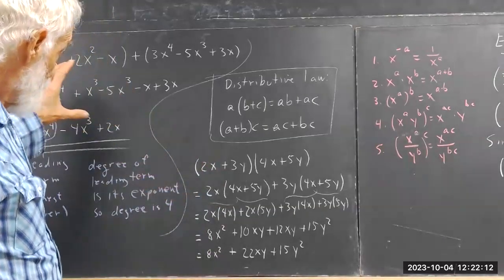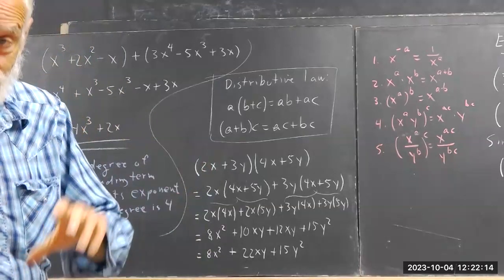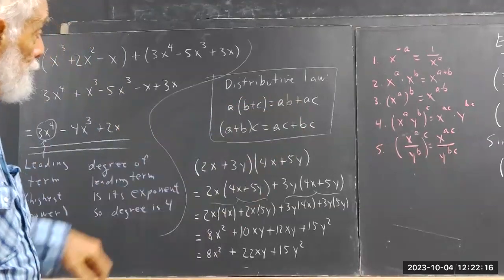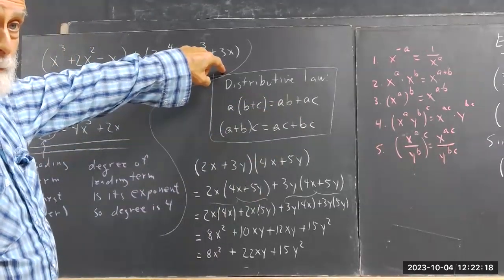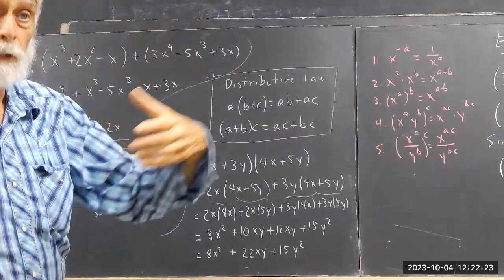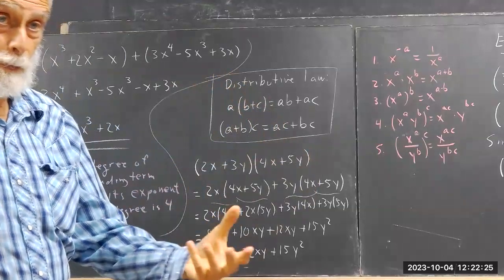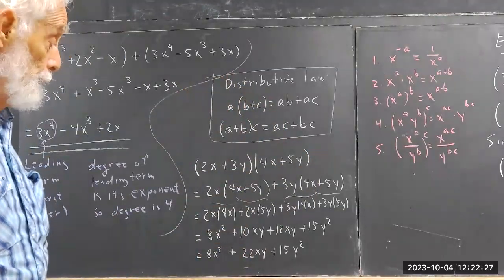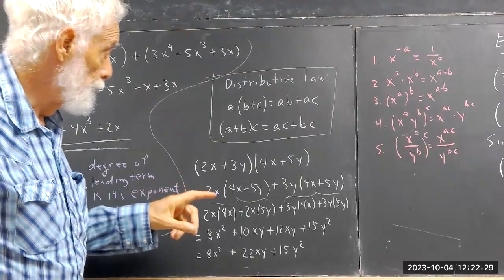So that's how we use the adding of like terms, let's say. The distributive law is actually officially the distributive law of multiplication over addition. There are other distributive laws, but this is the one we're going to be mainly focused on in this course.